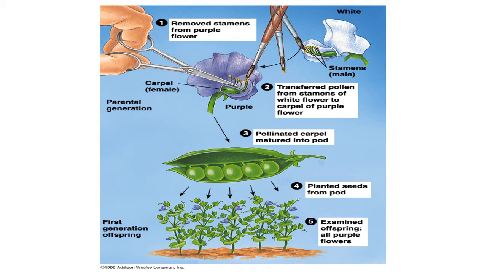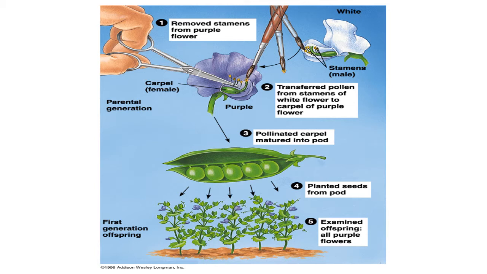And he would watch as these plants would germinate, grow seeds, and then create new life. For the purple ones and the white ones, he saw that by transferring the pollen from the white flower to the purple flower, he got matured pods and planted seeds, and he got all purple flowers.